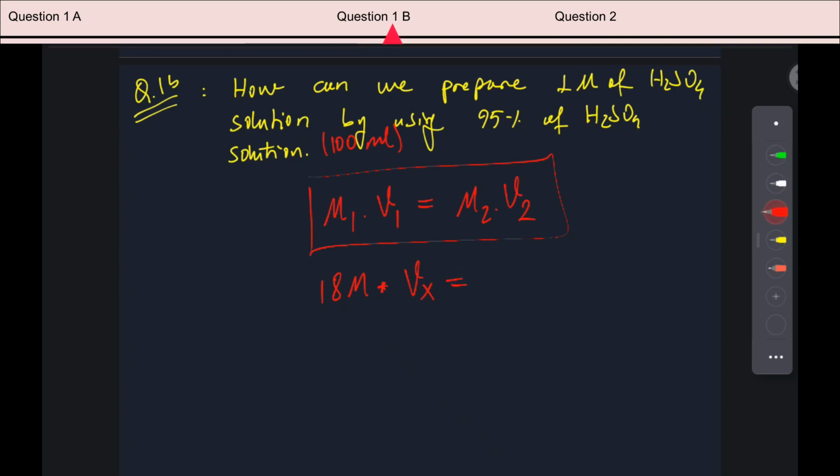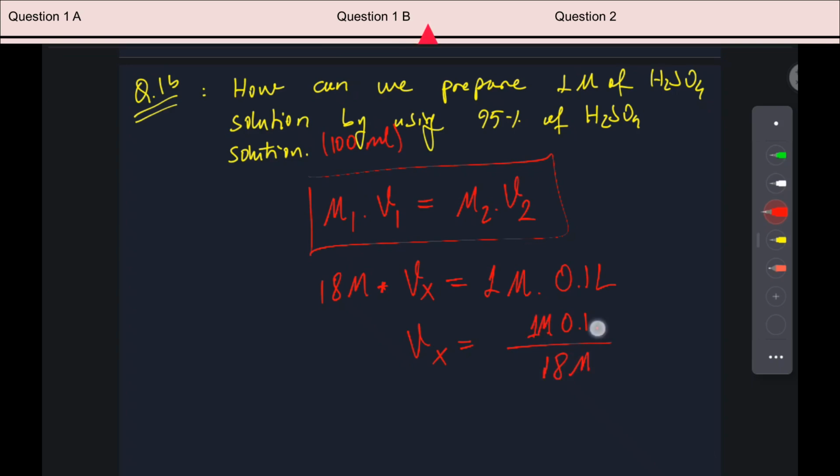We will use 1 molar solution, and V2 should be 0.1 liter, since 100 milliliter equals 0.1 liter. And Vx will be equal to 1 times 0.1 over 18 molar.